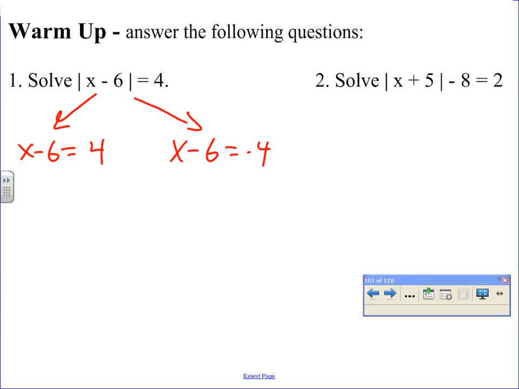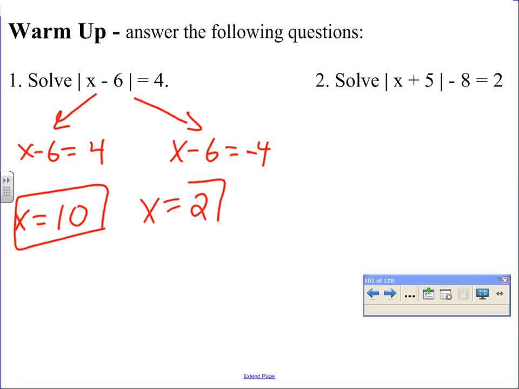Another one is set equal to -4. From there, you solve. You get 2 answers. Luke C., what is this answer going to be? Good. Brian C., what's this answer going to be, the second one? Good. So if we plug those back in, they are both solutions that work. Because the absolute value of something is always positive. It's the distance from 0.